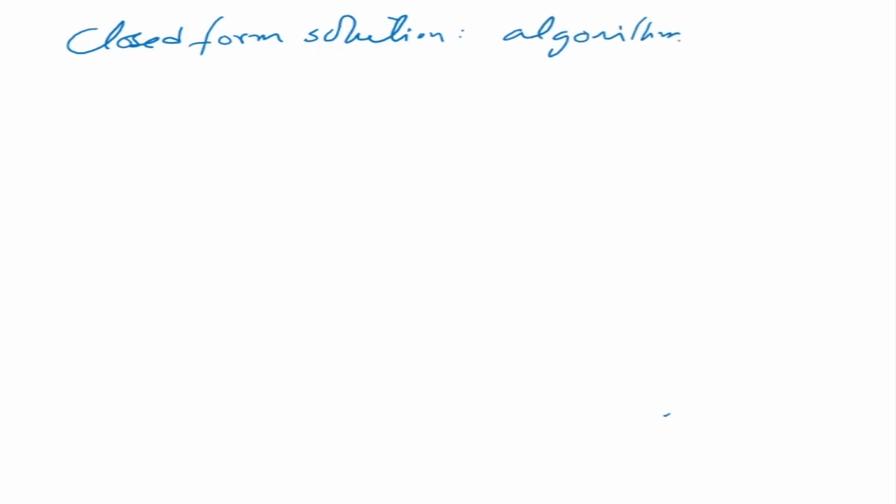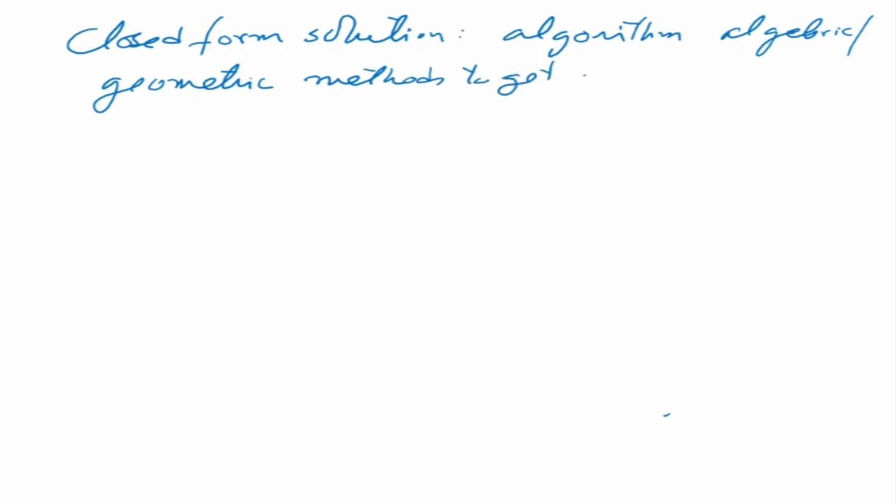or rather, let's say the way of solving, we can have a closed form solution. Closed form solution basically means using an algorithm which uses algebraic or geometric methods to get all solutions.